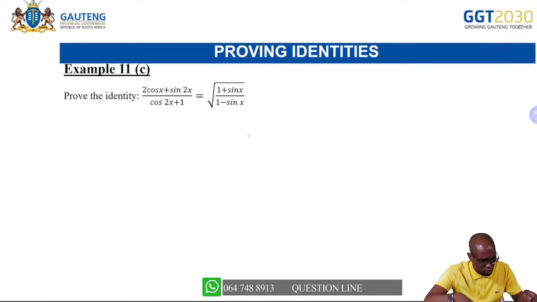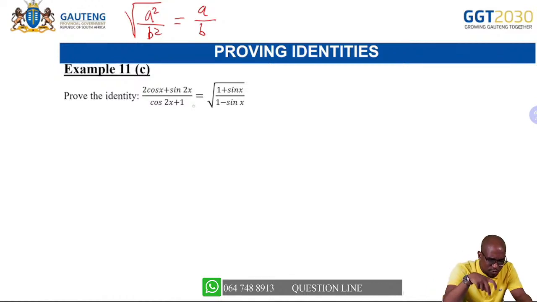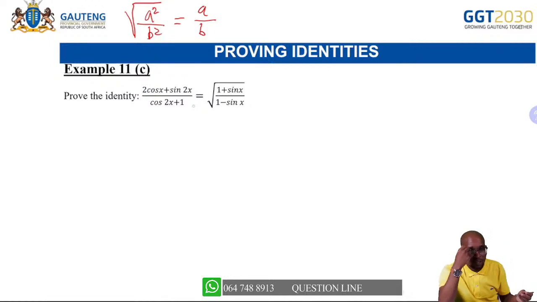In order for us to remove any square root, we should have perfect squares. So this should now be a over b, which means for me to remove that square root, I should have what? Perfect squares underneath that square root. Now we're going to have to check how we can find those perfect squares.